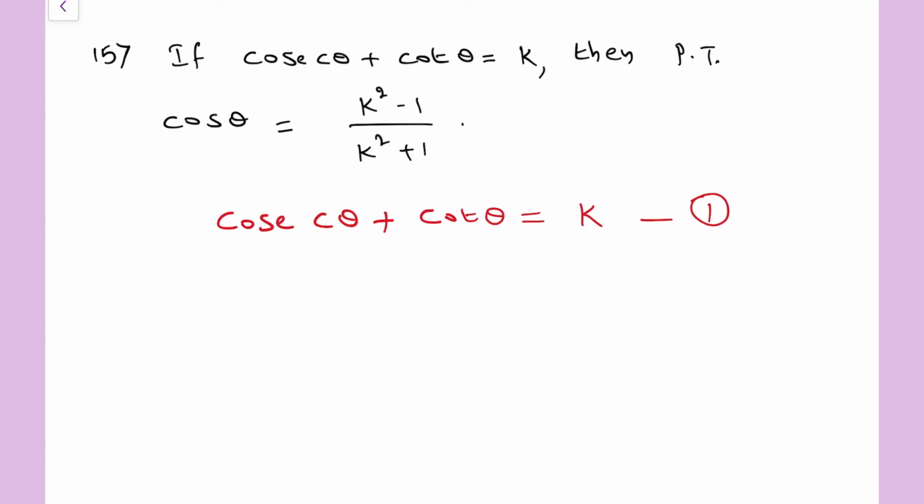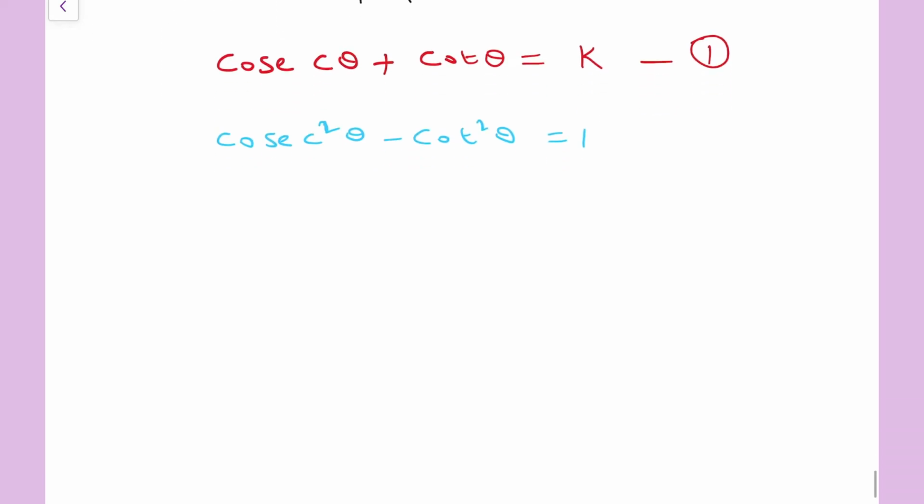Related to cosec and cot, we have one identity, right? So write that identity here: cosec square theta minus cot square theta equals 1. If we observe this clearly, it is in the form of a square minus b square.